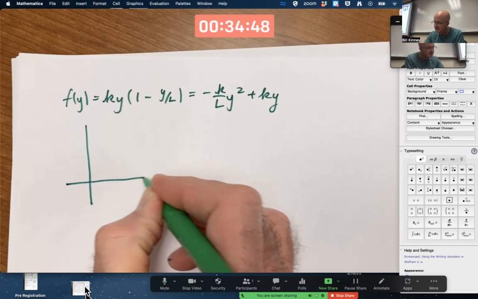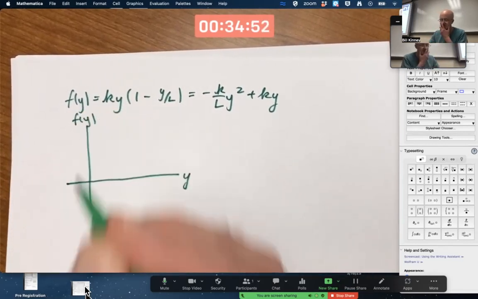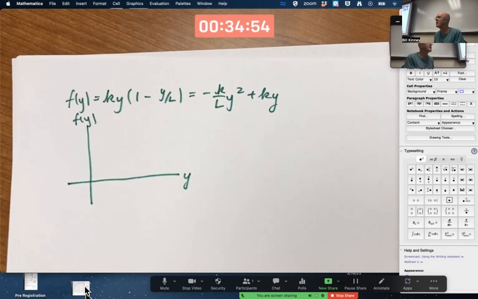You could graph this as a function of y, and it's a helpful thing to do to think about the slope field. What I'm about to draw is not the slope field itself, but just a graph of this function that will help me draw the slope field.